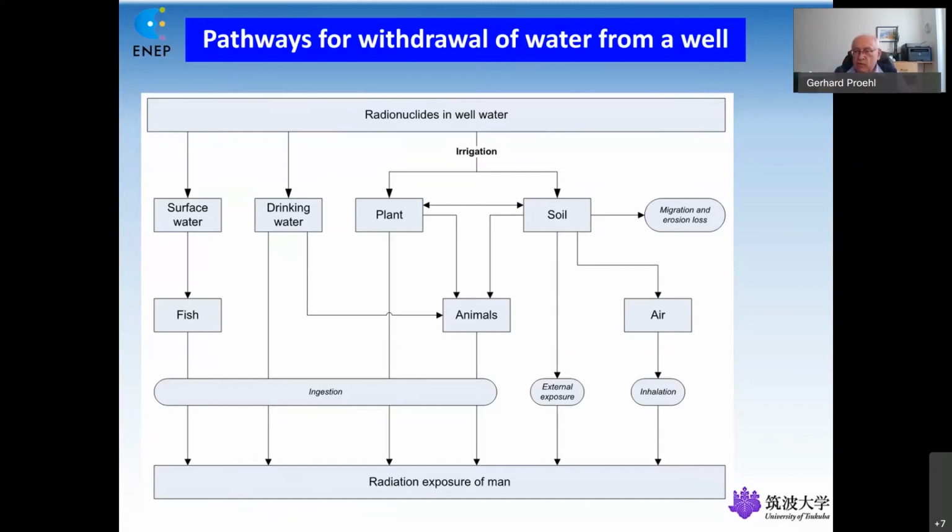However, irrigation also leads to a long-term contamination of soil, which leads to an external exposure to people via dust, resuspension of soil particles, of inhalation, and we have also some processes in the soil which causes a loss of radionuclides from soil as migration and erosion.